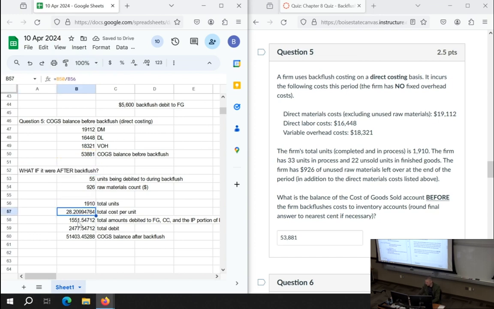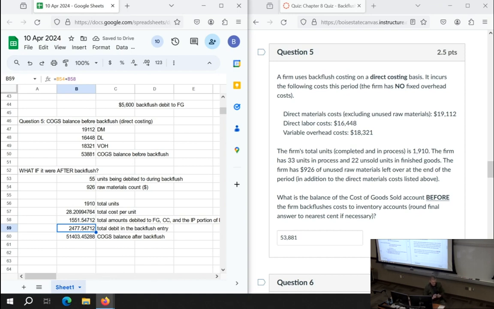And then you multiply that by the units that are in process and finished but unsold, and then add in the raw materials as well. Total debit in the backflush entry.